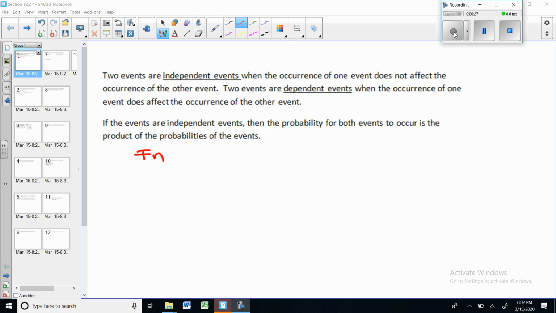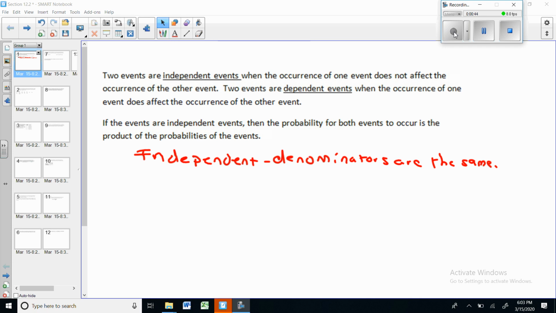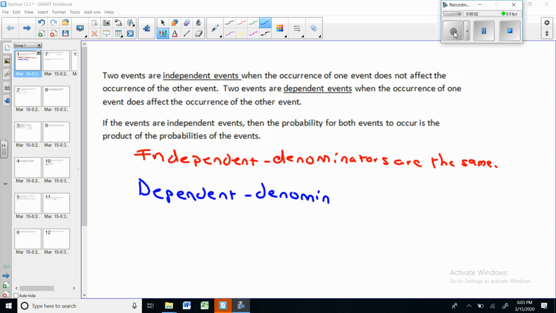Now, as you take a look at these things, one thing that's going to be noticeable is if your problem is an independent event, your denominators will be the same. When your problem is dependent, the denominators in your probability are going to be different.